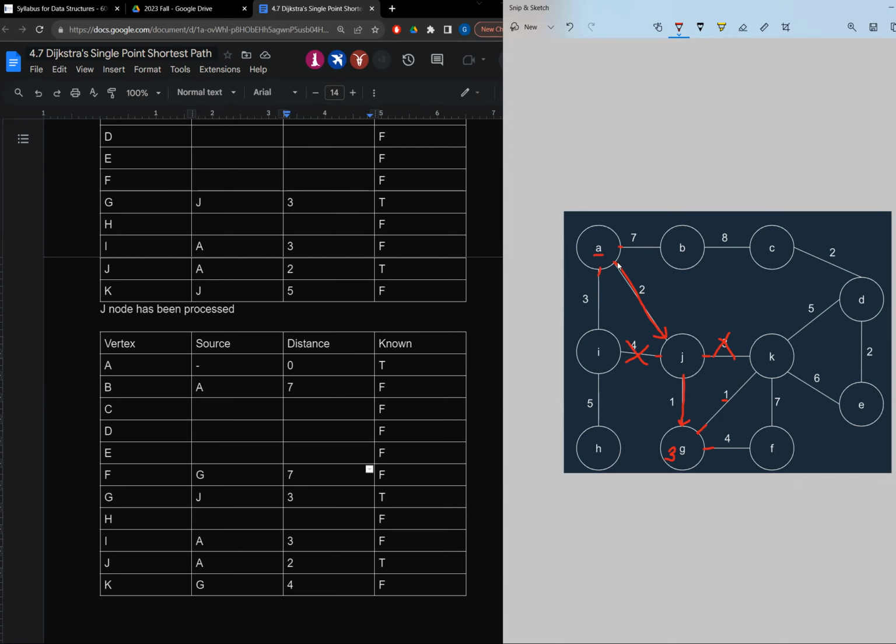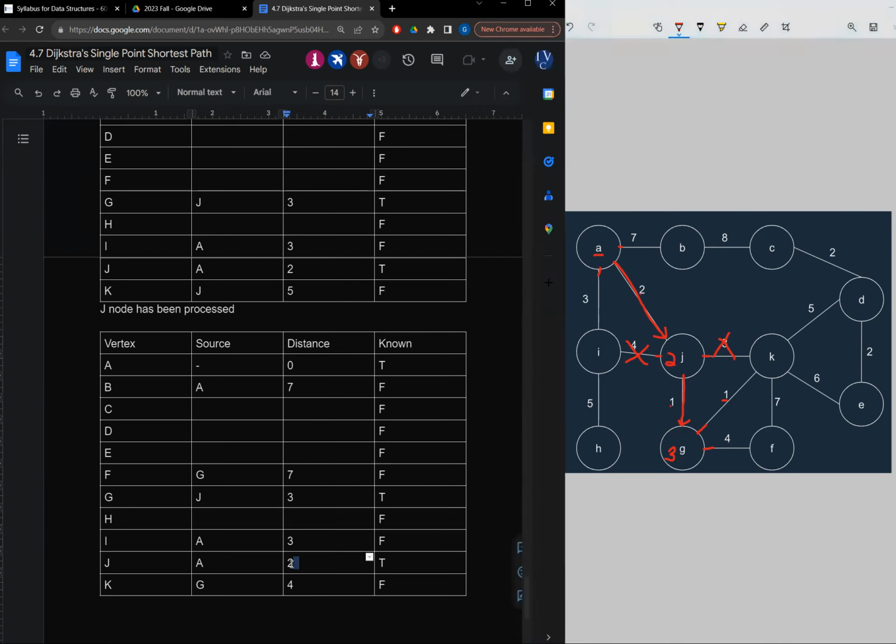The path to get to G is A, J, G, and the cost is 2 to get to J, an additional 1 from J, so the total cost to get here is 3, just like it was 2 to get here, which is the same information that's in the table. To get to J, we got there via A, and it costs 2. To get to G, we get there from J, and it costs us 3.